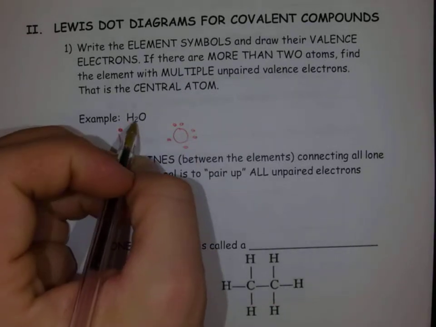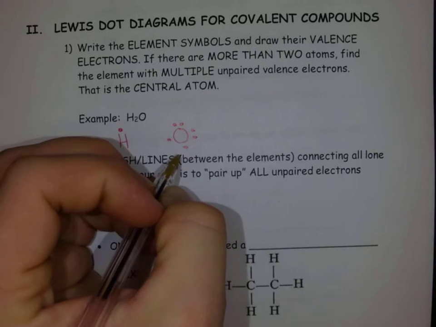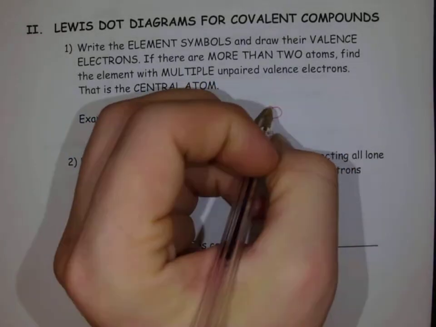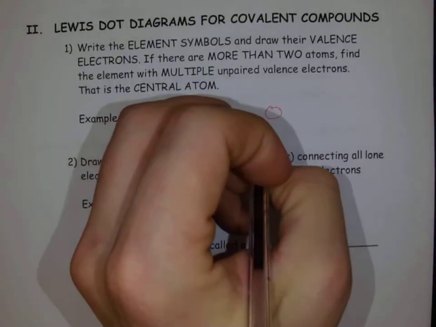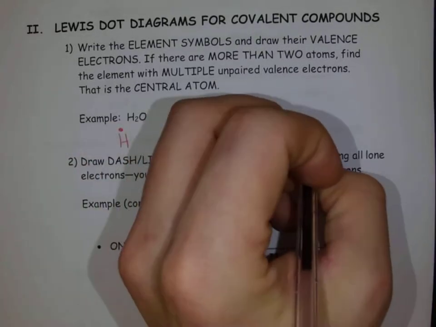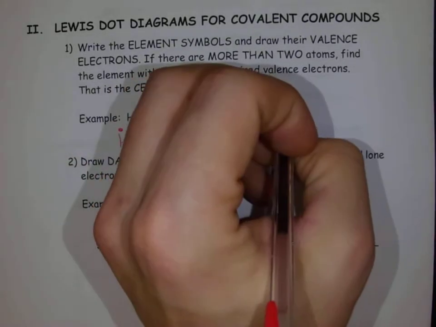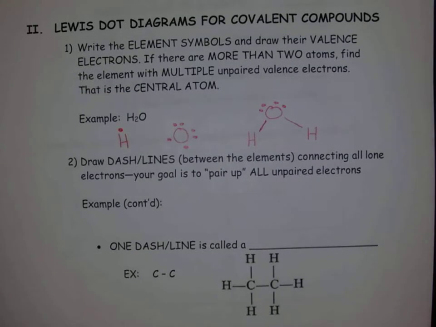So we have two hydrogens here. Our central atom is going to be oxygen. So we're going to put oxygen in the center, and then every single time that we want to share electrons, we're going to draw a line. In this case, I'm going to draw it like this, and I'm going to put my extra electrons on top.